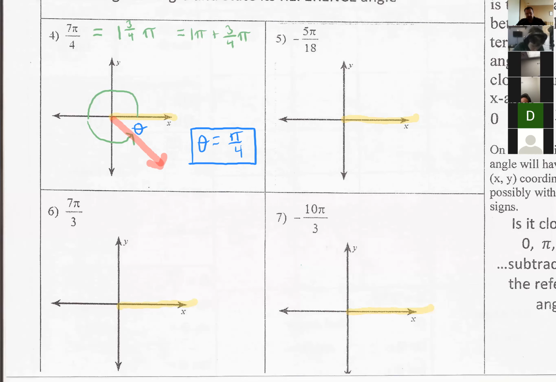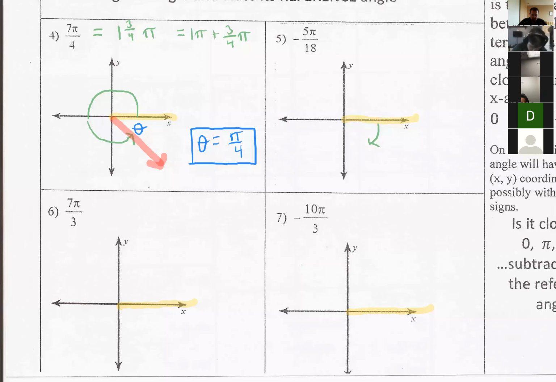Okay, for this next one, on number 5, it's a negative measure. So that means it's going to go down. So you go down 5/18, which is about here. 5/18 is pretty close to 1/3, a little bit smaller. So it's about 1/3 of a semicircle.